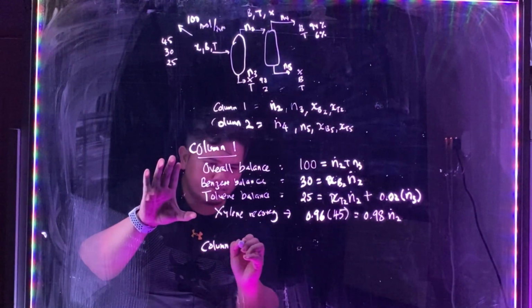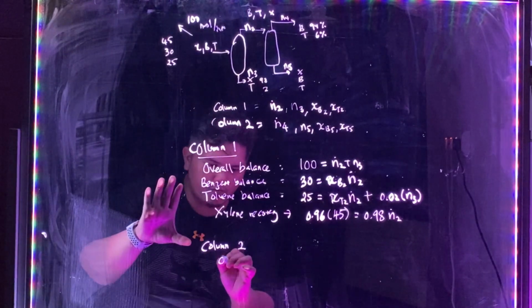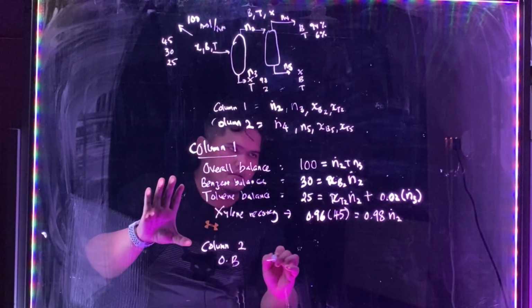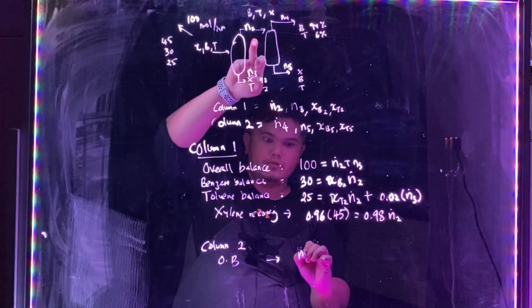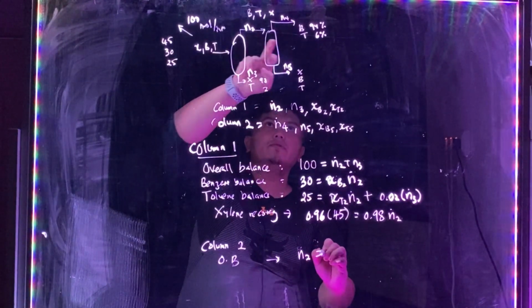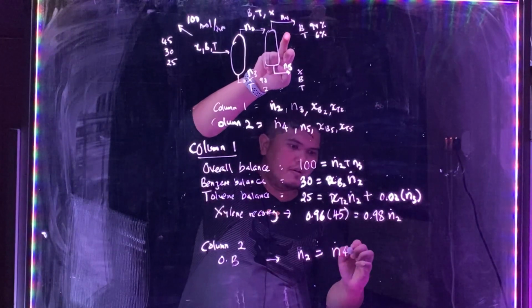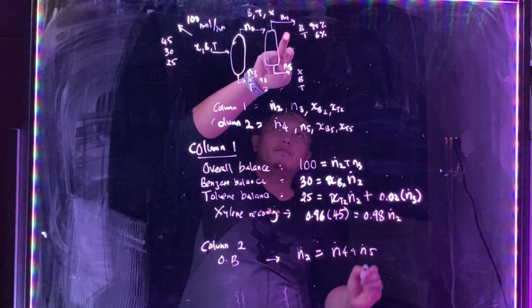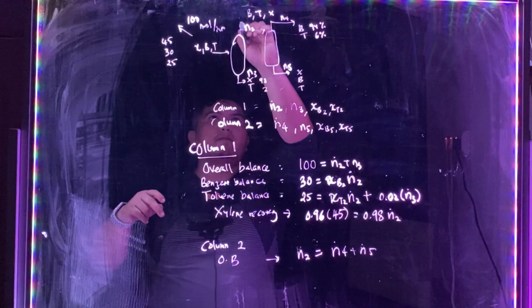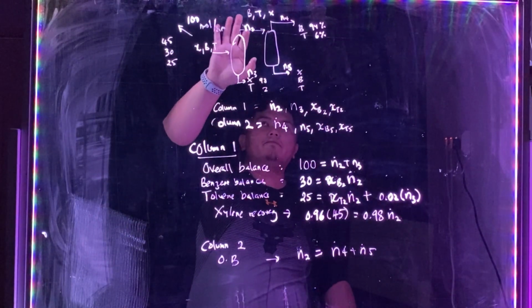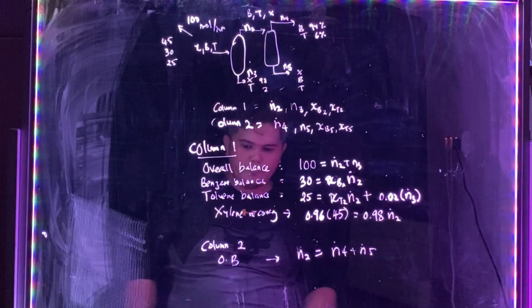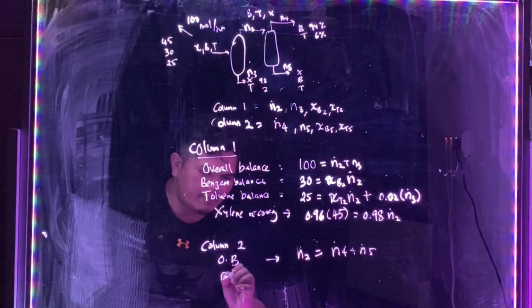Column 2. So what is the overall balance? The overall balance is N2 equals N4 plus N5, because we are taking only this boundary. We don't talk about the first column. We just talk about the feed entering the second column, and then we take the benzene balance.